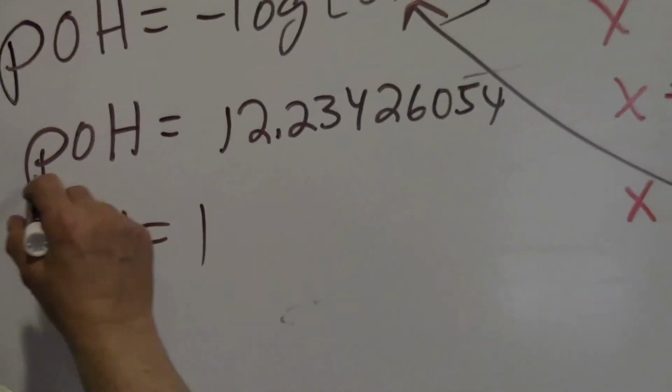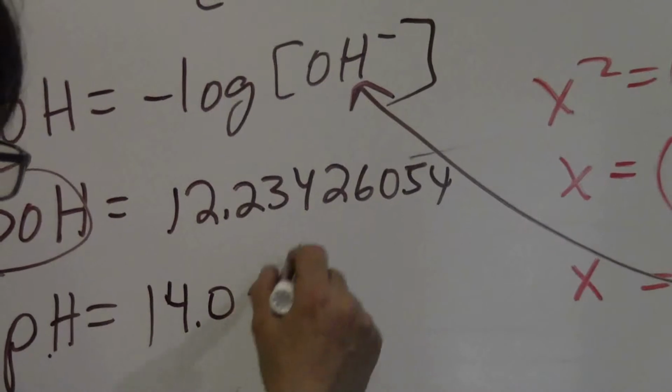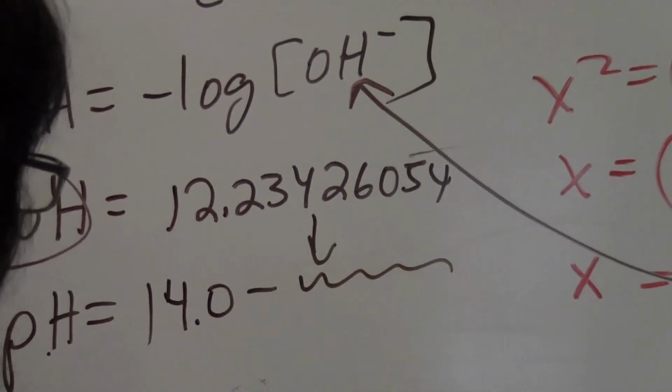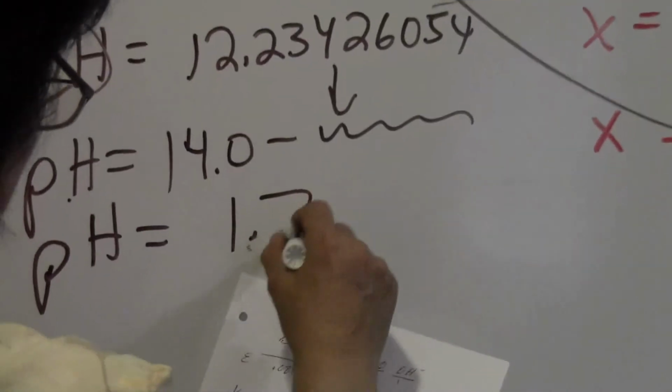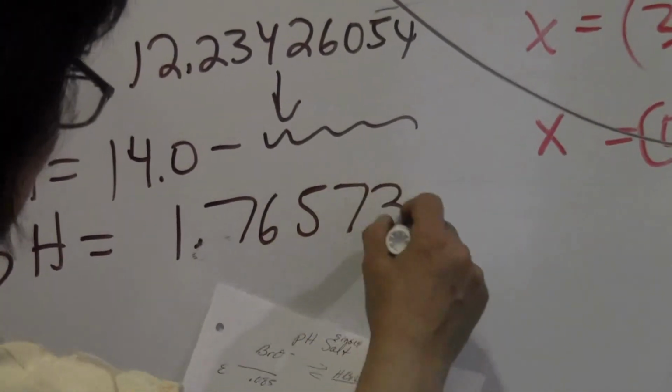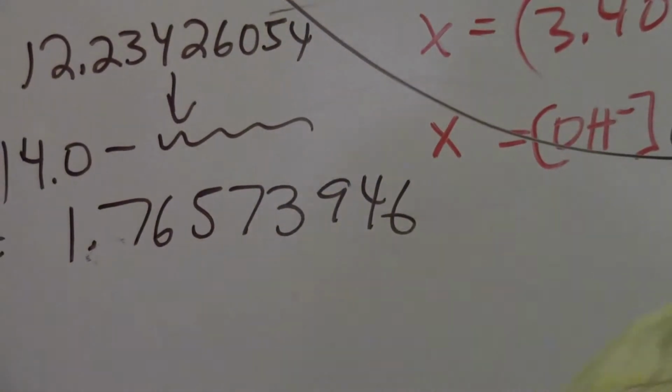Our next memorized formula, pH, we don't want pOH, we want pH: 14 minus this whole number. So our pH ends up being 11.76573946.